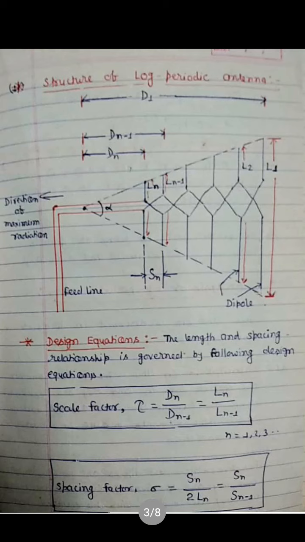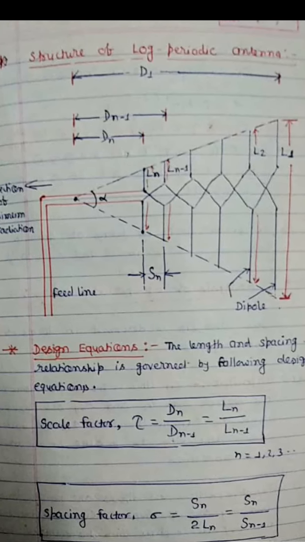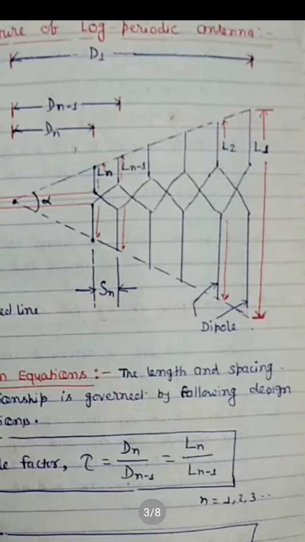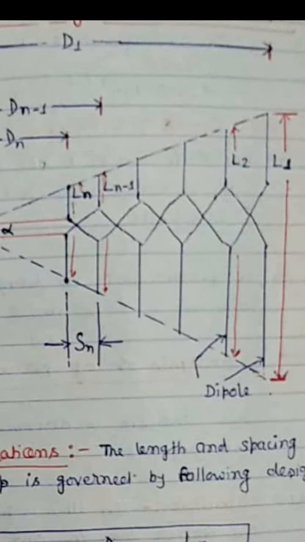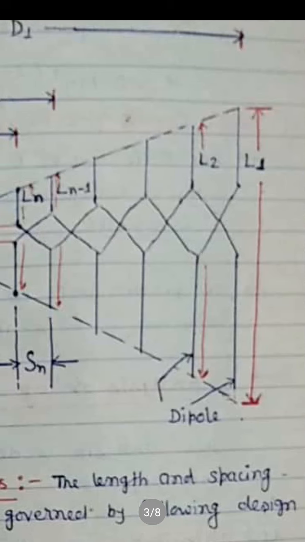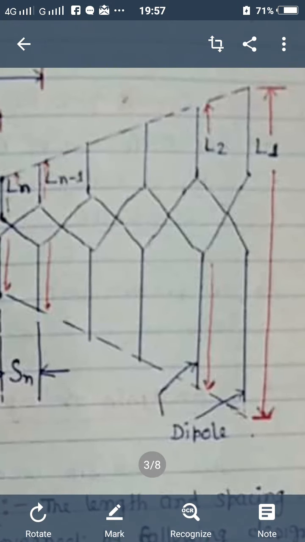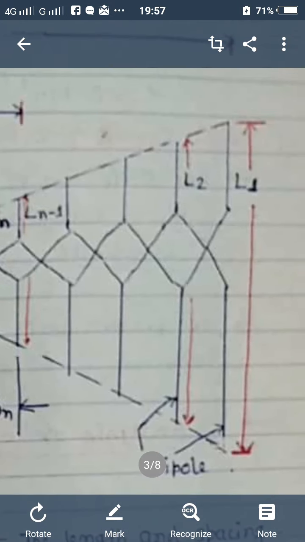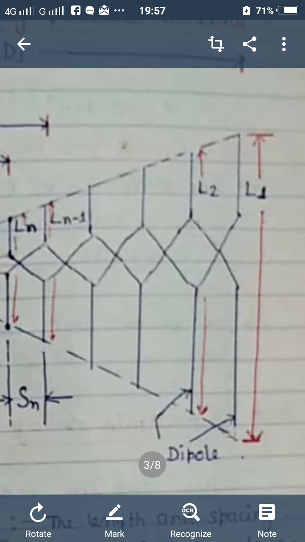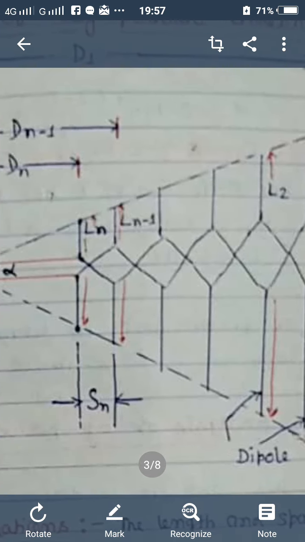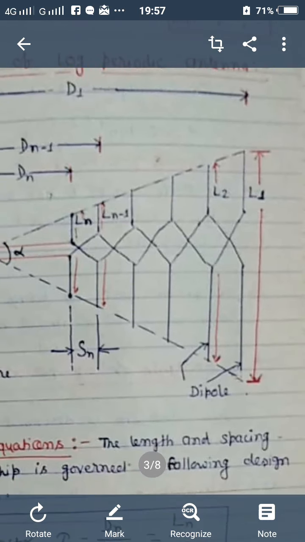Now you can see the structure of a log periodic antenna. In it you may see the longest element, L1, and L1 is equal to lambda by 2. Now see L2, L3, L4, Ln minus 1, Ln, which means these lengths are in decreasing order.